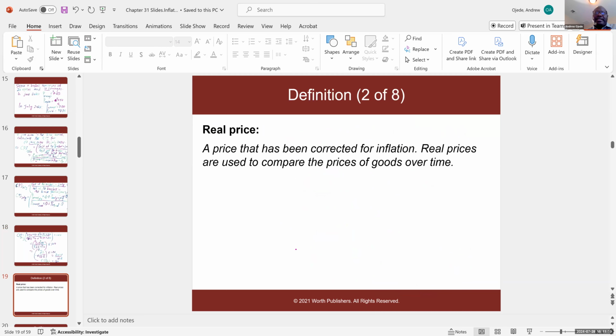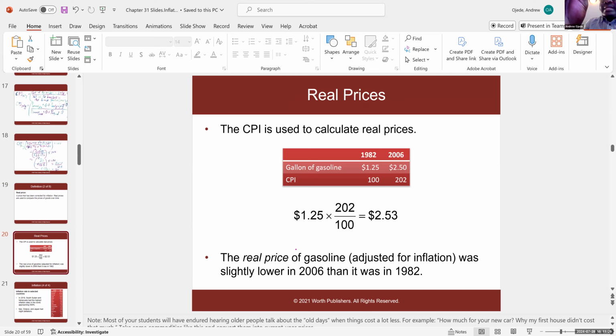So the real price is a price that has been corrected for inflation. Real prices are used to compare the price of goods over time. For example, let's say 1982 is the base year, and we want to compare prices of gasoline in 2006 using the base year, correcting for inflation.